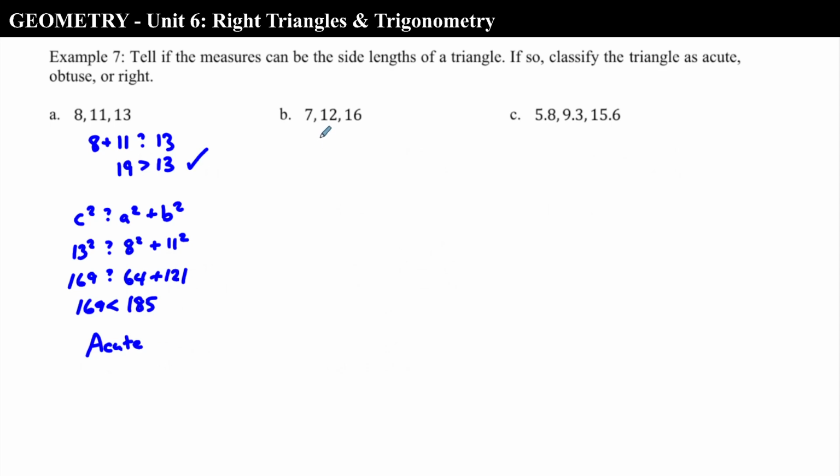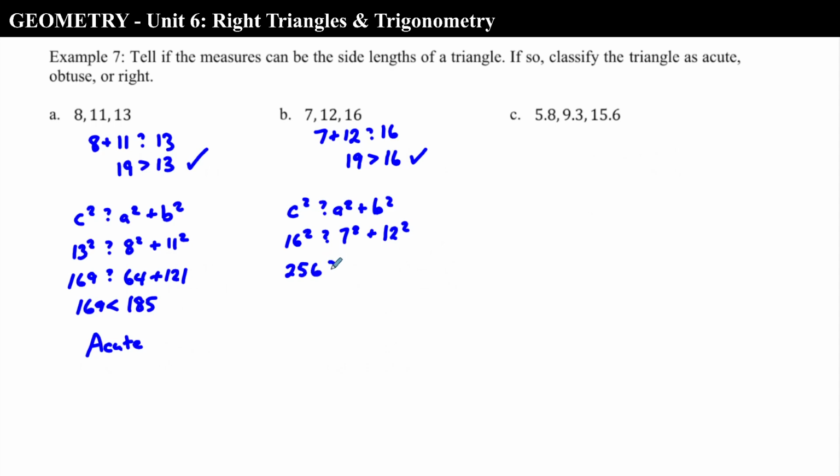For B, we're going to see if 7 plus 12 is greater than 16. 7 plus 12 is 19. 19 is greater than 16, so we have a triangle. So let's compare c squared to a squared plus b squared. So c here is 16, a is 7, and b we're going to make 12. 16 squared is 256.